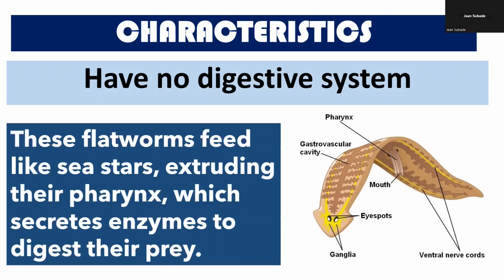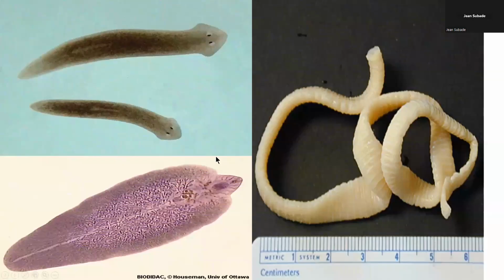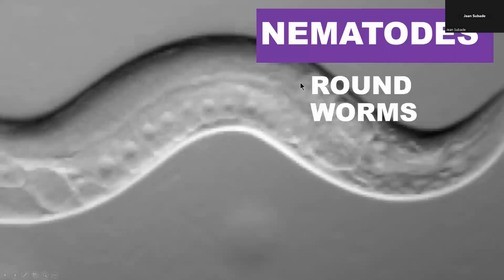They have an extruding pharynx as part of their mouth, extending outside their body, which secretes enzymes to digest their prey. Again, they don't have a complete digestive system, just a mouth and pharynx. Examples of worms like this are the planaria, the flukes, and the tapeworms.